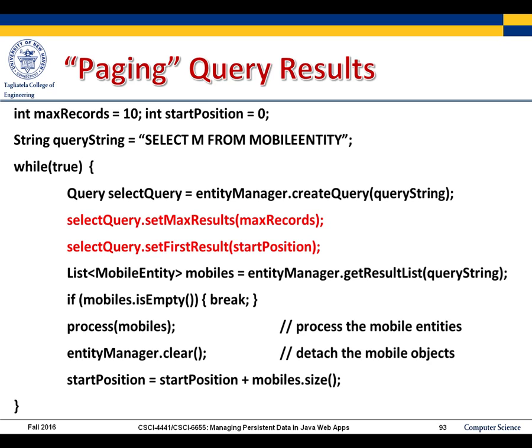Then you set the first result, the start position, which the first time counts from 0. Every time you do this, you could increment the set first result. So it'll say, give me the first 10, then the second 10, and the third 10. That's the basic idea, and you could write something like this to get that effect very simply.